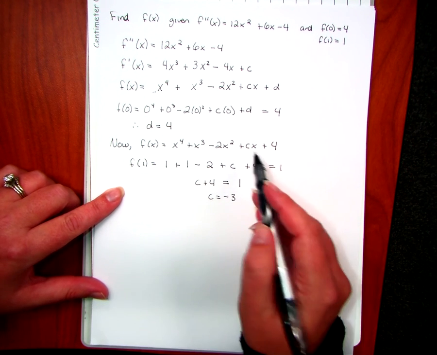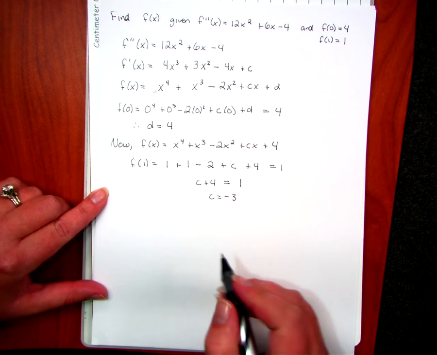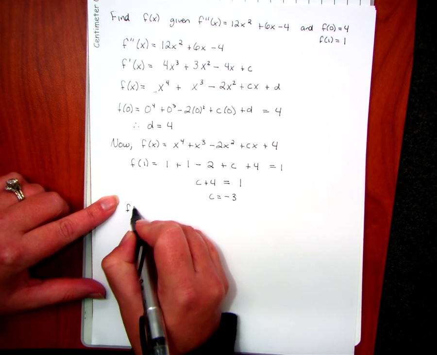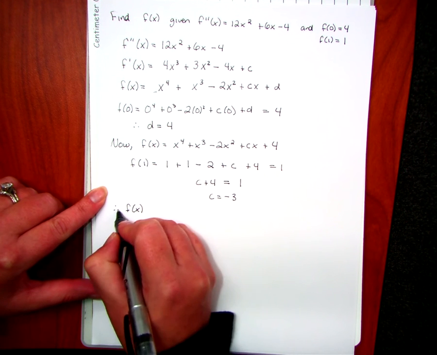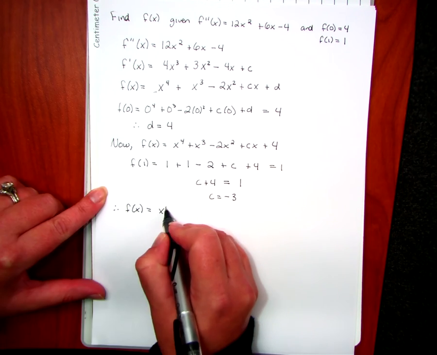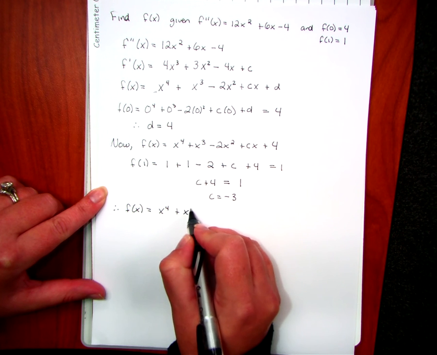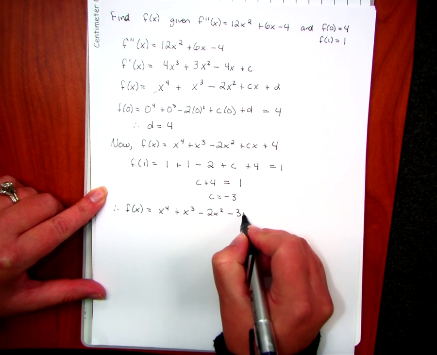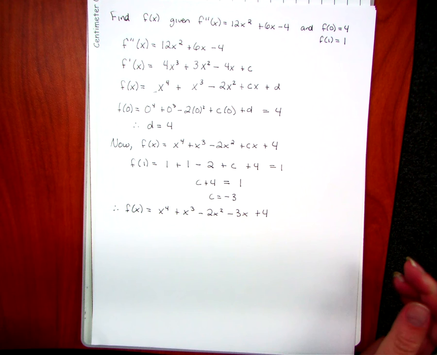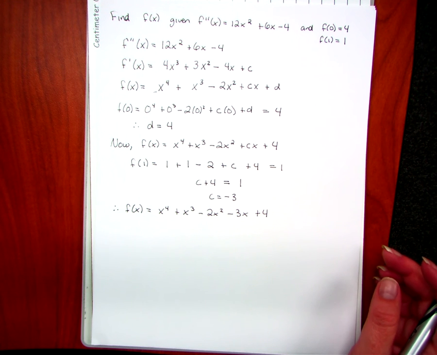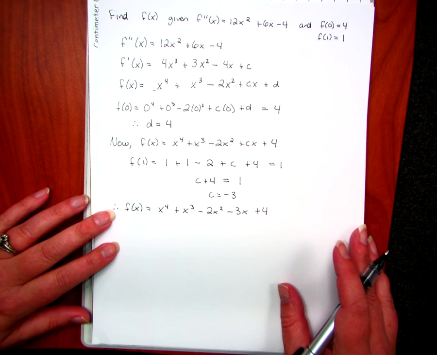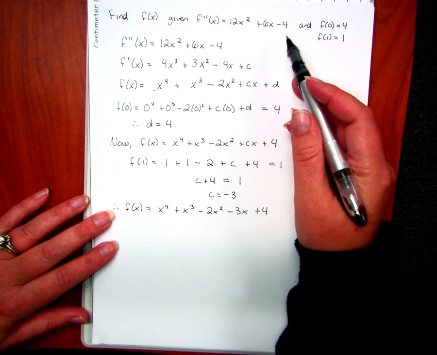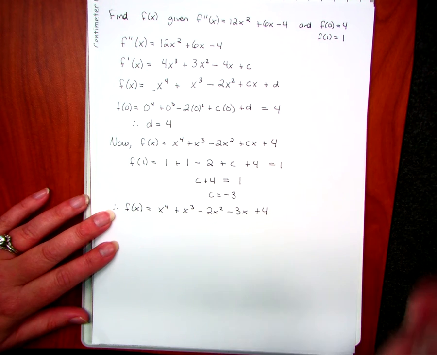Okay. So now I know what this constant is. So f of x is x to the 4th plus x cubed minus 2x squared minus 3x plus 4. And a way to check this is to go ahead and take the derivative twice and make sure you get back to what f double prime should equal.